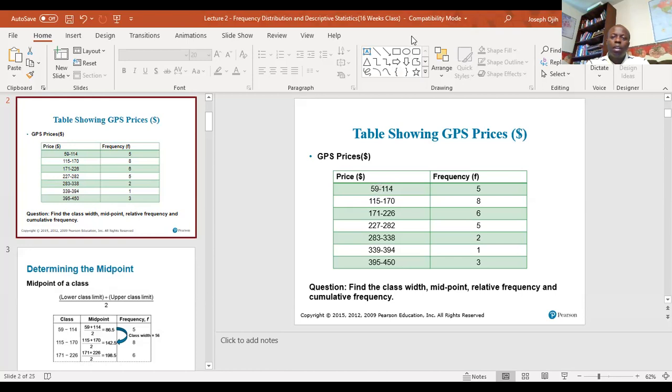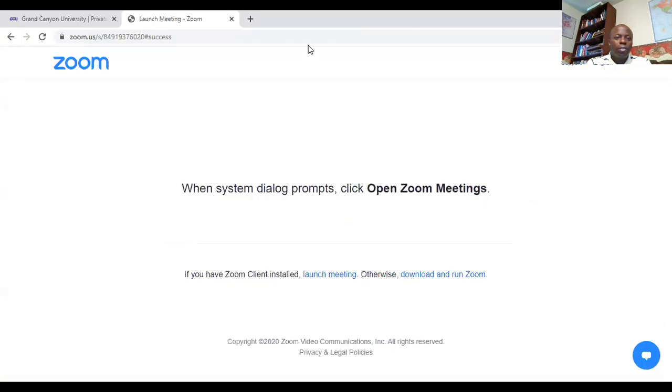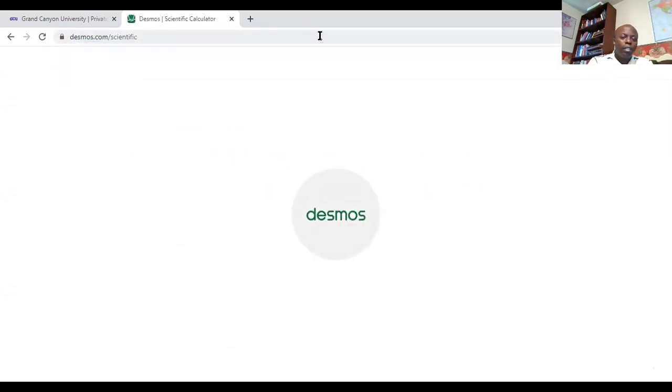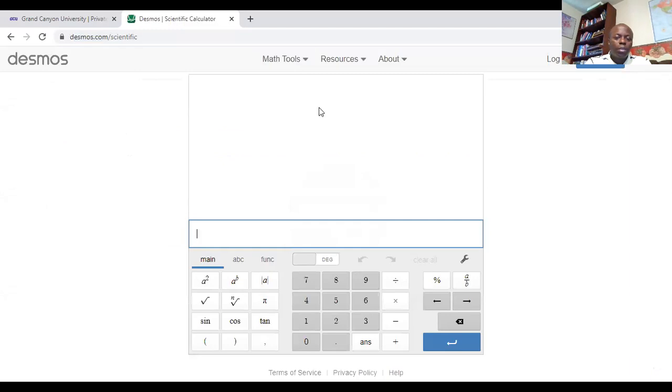Let me show you on the screen. I'll open the calculator I use. It's a free calculator we can get online, called desmos.com/scientific.